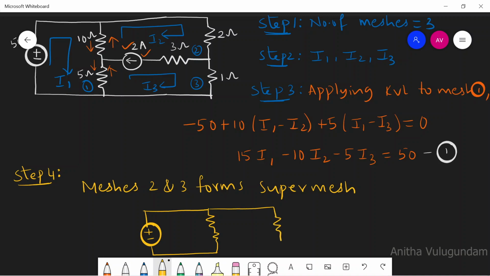We need to remove the branch which has the current source. This is 1 ohm, 2 ohm, 10 ohm, 5 ohm and 50 volts. Just indicate the currents. This is I1, I2, I3. Apply KVL to the super mesh now.